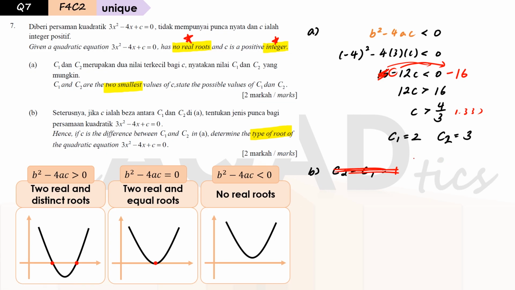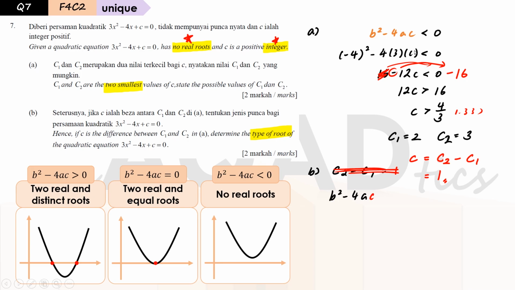It should be c equals c2 minus c1, which is 3 minus 2, which is 1. Since we are finding the type of root again, the type of root depends on the discriminant. So let us use the discriminant again to find out the type of root. According to part A, we've done that as well, so we can just use this one.